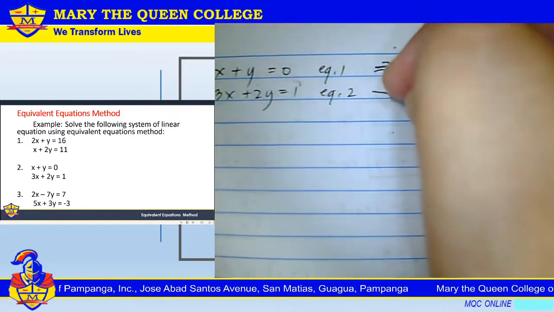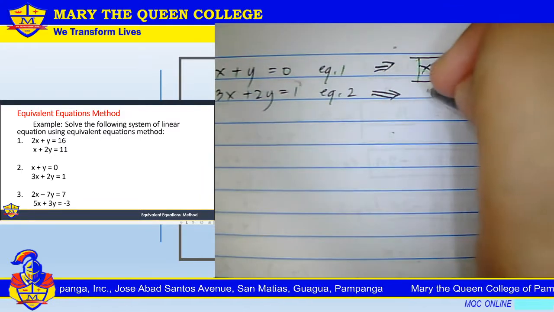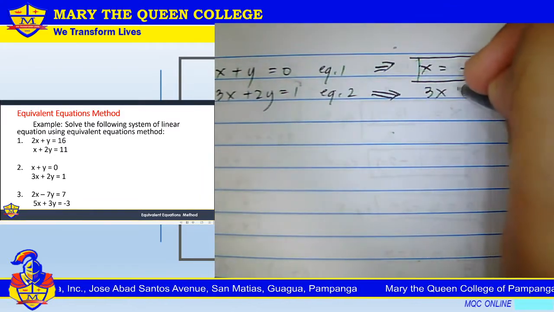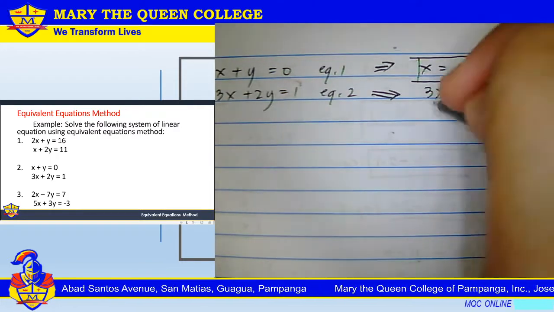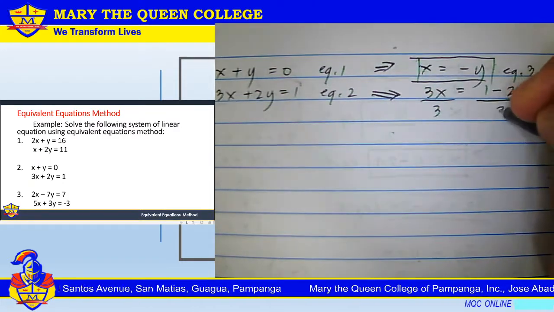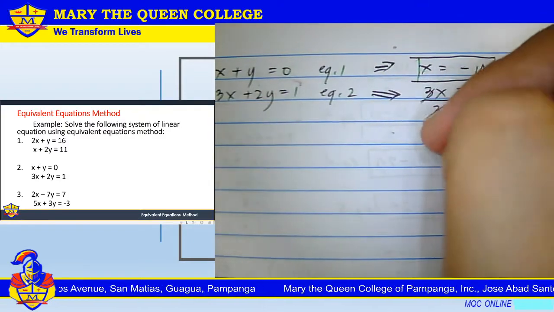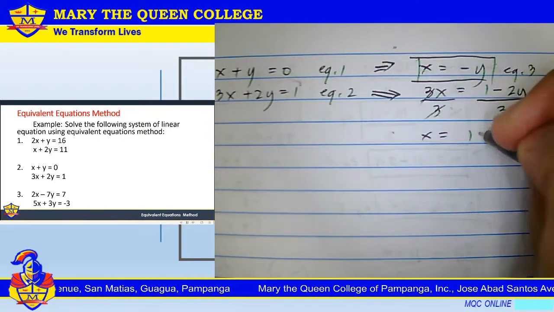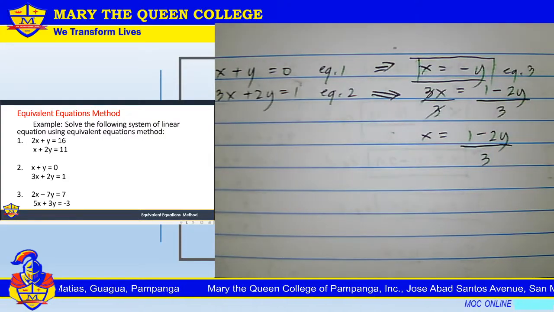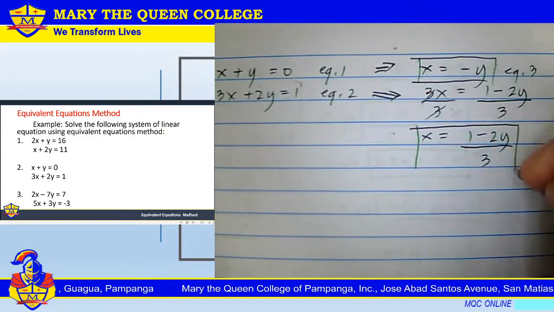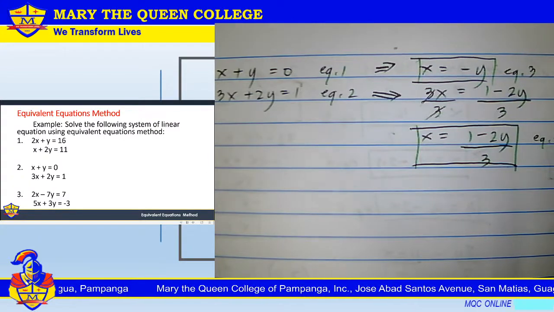Then for our next naman, we have 3x is equal to 1 minus 2y. Divide 3 both sides. Cancel. X is equal to 1 minus 2y all over 3. Okay? So this is our equation 4.